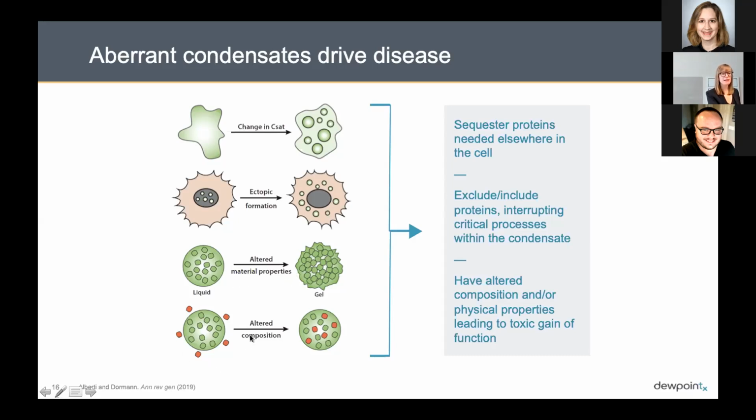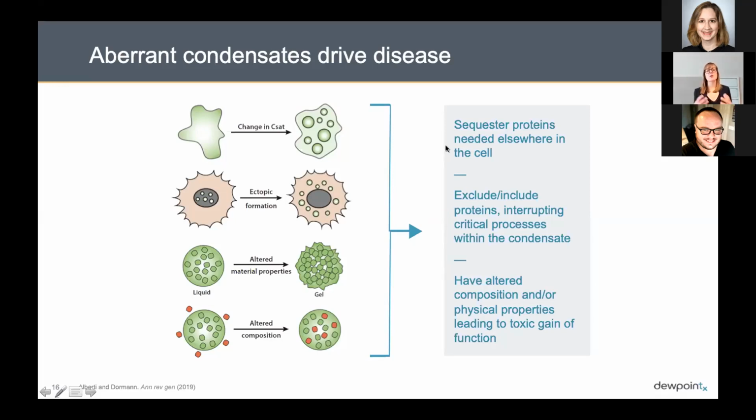So let's say that in the healthy case, we have condensates from which this client red molecule is depleted. However, in the disease case, we have this biomolecule within the condensate.